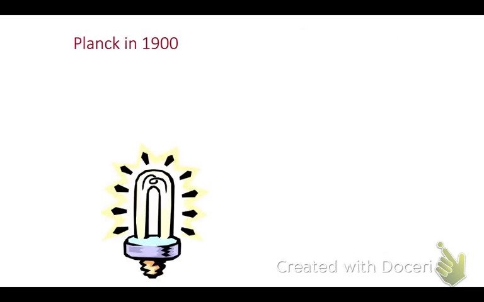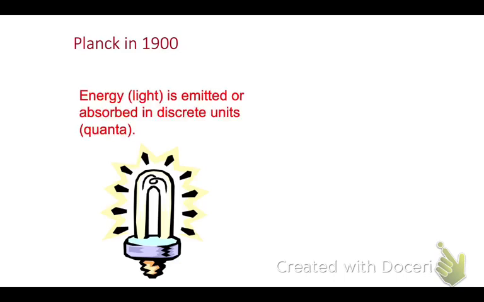In the 1900s, Planck said that energy of light is emitted or absorbed in discrete units that we call quanta. So quanta is the smallest quantity of energy. You want to think about it the same way we think about atoms. Matter comes from building blocks that we call atoms, and an atom is the smallest building block of matter.